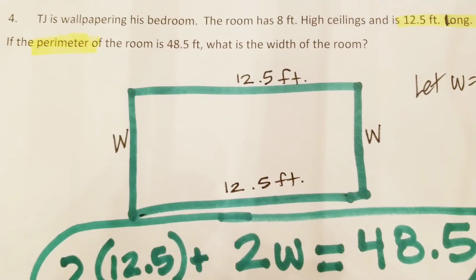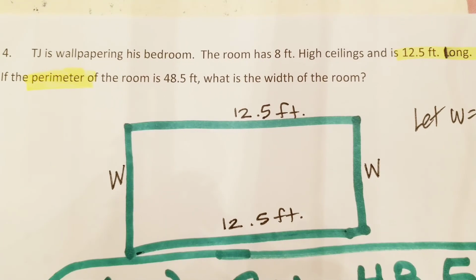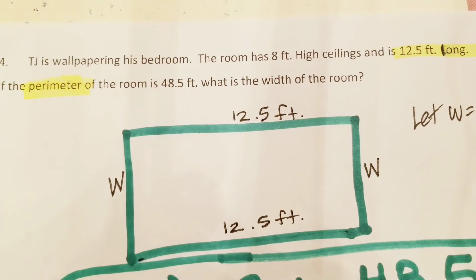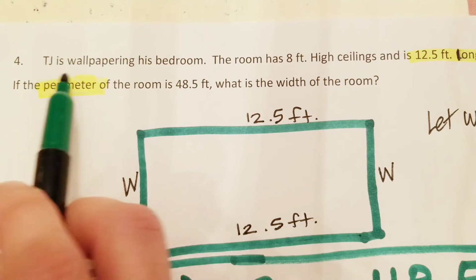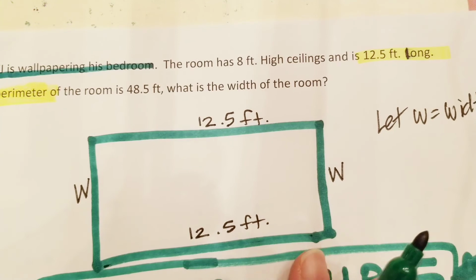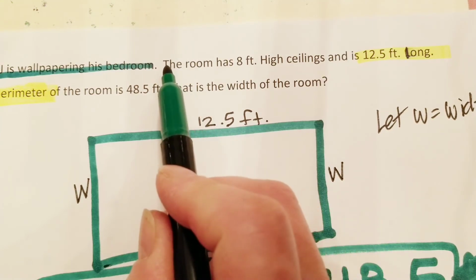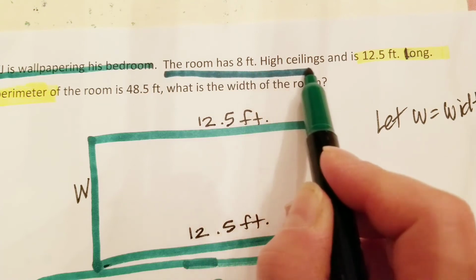One last thing before we go to the next problem. I just want you to note that, as I told you guys, sometimes they put information in word problems that you don't need, just to kind of trick you or confuse you, which is really cruel. No, I'm just kidding. Like here, TJ is wallpapering his room. Well, that's fine, you can accept that information. But where they really were cruel is they put the room has 8 feet high ceilings.